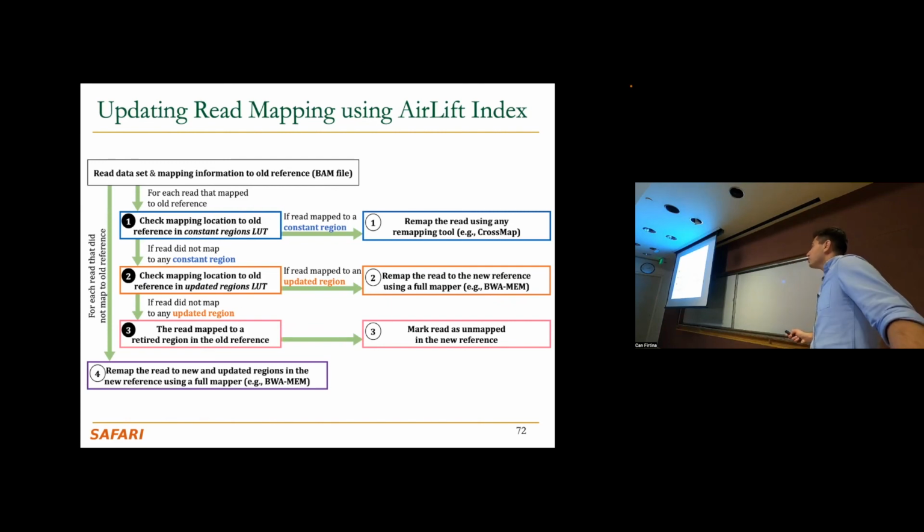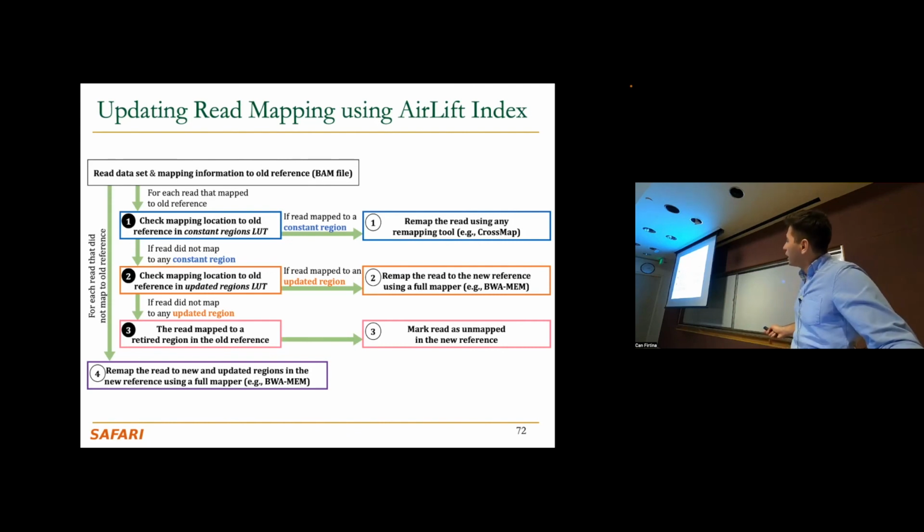We ask, is it mapping to the constant regions? If so, let's simply move the annotation. If it is mapping to an updated region, then either consider mapping only to that updated region, or simply move the position if you don't really care about the cigar string. And if it is in a retired region, just remap it fully because we can't decide whether it is similar enough in other regions.